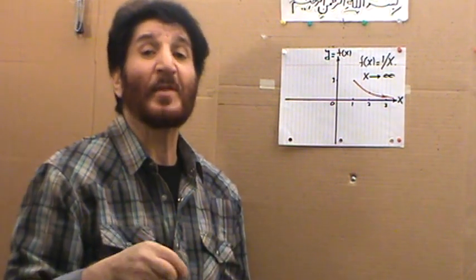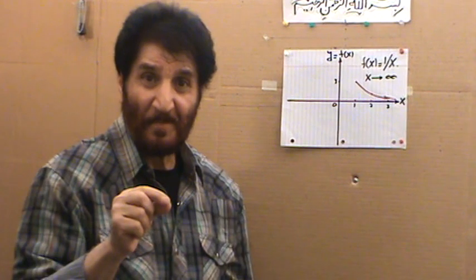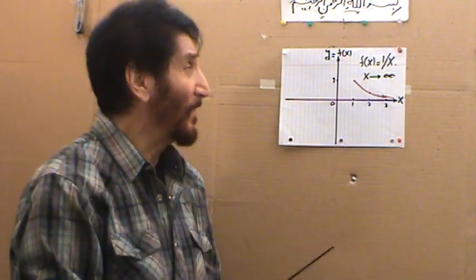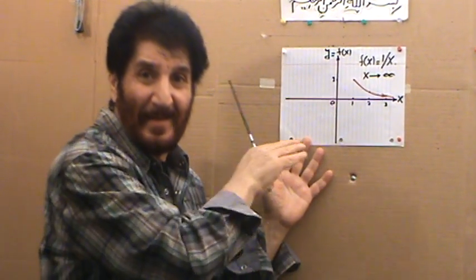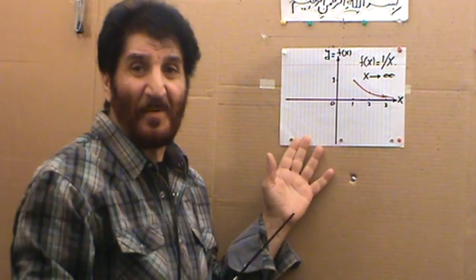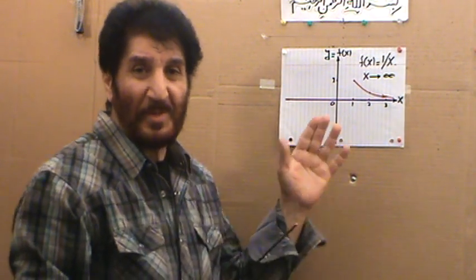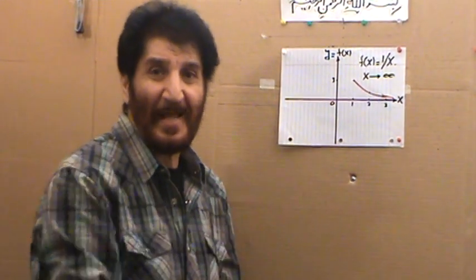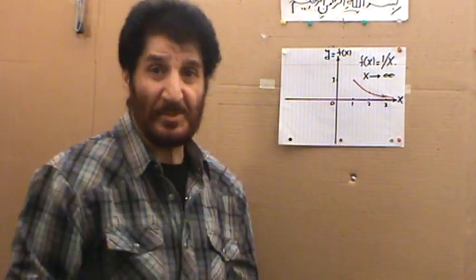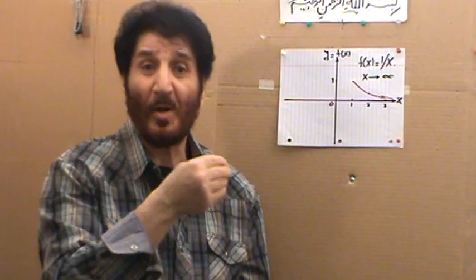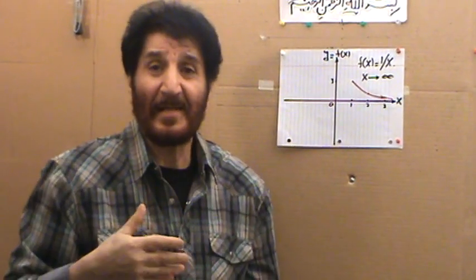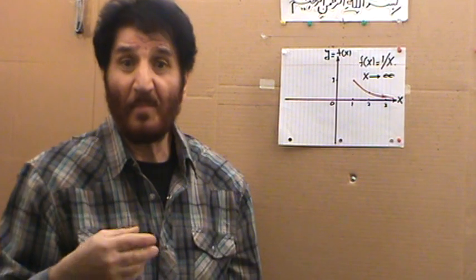Then 1 over x is 1/100th, which is very, very small. So as x gets larger and larger, 1 over x gets smaller and smaller, so the horizontal x-axis becomes an asymptote. The value of the function gets closer and closer to the horizontal axis as x gets larger and larger. By saying x gets larger and larger, we are the ones who select values for x, and we investigate how the value of the function will behave.